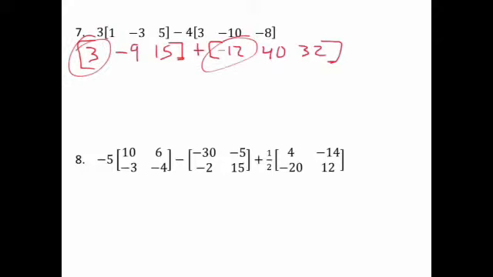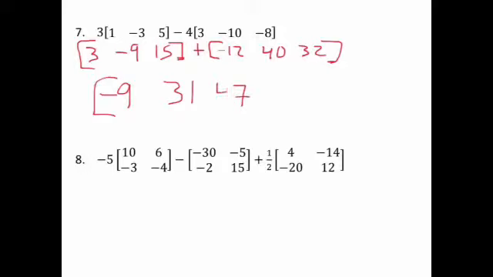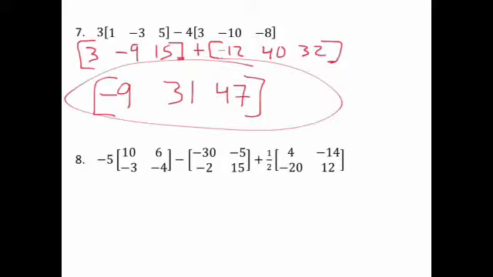So like the 3 and the -12, the -9 and 40, and the 15 and 32. Those pieces are going to add together. And that's going to give me -9, 31, and 47. Ta-da! So there's that piece.